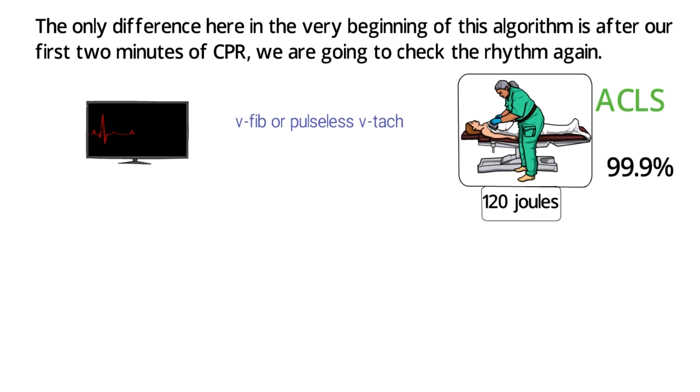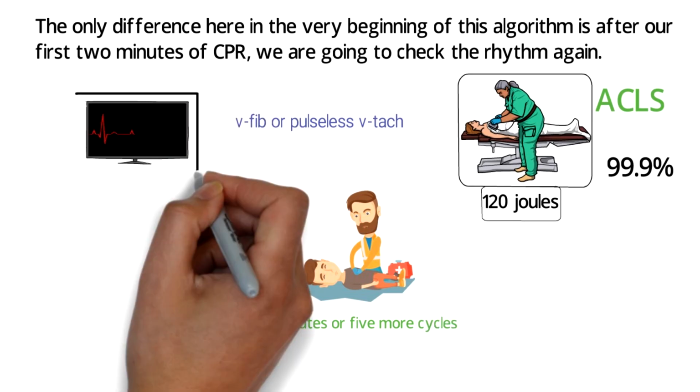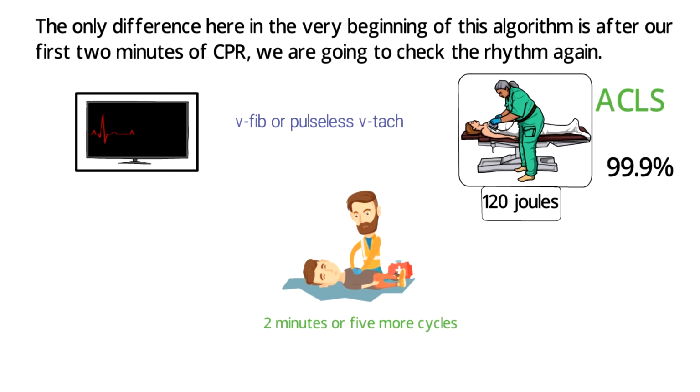All right, so you're shocking the patient. Here's the key. Immediately after the shock, immediately go back to your high quality CPR, your chest compressions. We're going to do CPR again for 2 more minutes or 5 more cycles. And then we're going to again check the rhythm and check for a pulse.